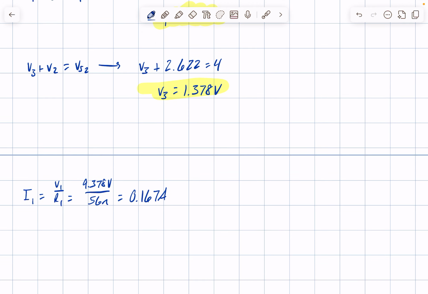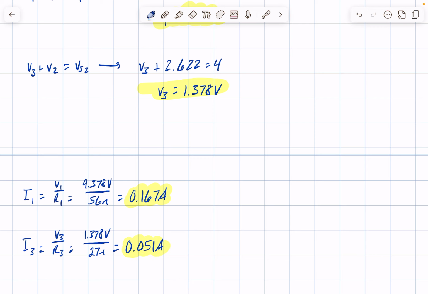We can find I3, same thing, so V3 over R3. We found V3 to be 1.378, and our given resistance value was 27 ohms, which gives you a current of 0.051 amps. And let me go ahead and highlight those.